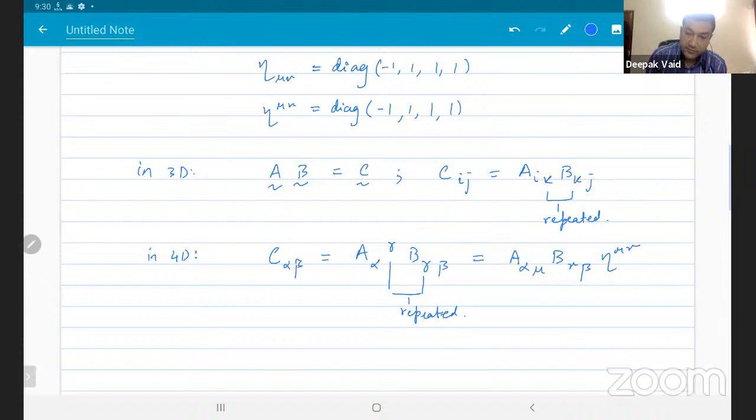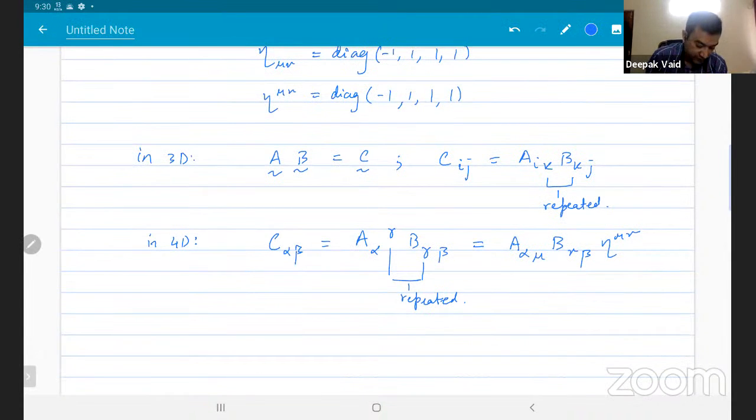So what does this eta mu nu do? When I put eta mu nu in this way, it takes the mu index over here. So if I take, for instance, A alpha mu multiplied by eta mu nu, it takes the mu index and raises it to give me a different index in the raised position, which is nu.